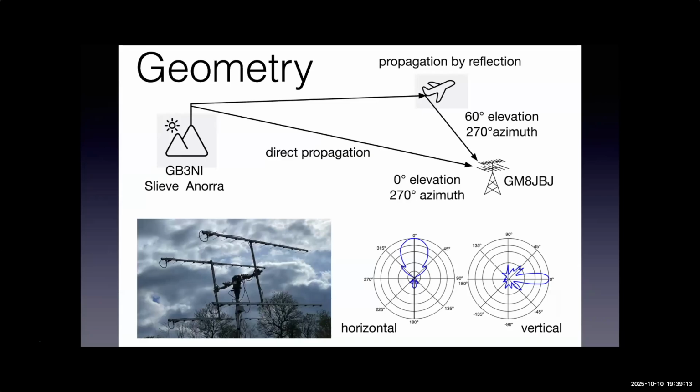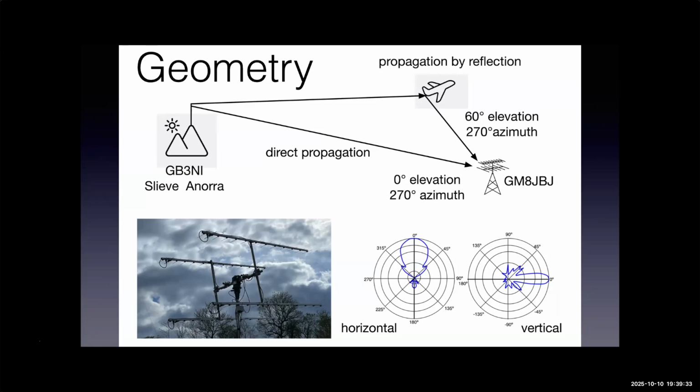So what do we got? What are we actually seeing? Those are my antennas down on the bottom left, and they're not at 60 degrees elevation. They're more like 20 degrees just at that point in that photograph. But that's the antennas.